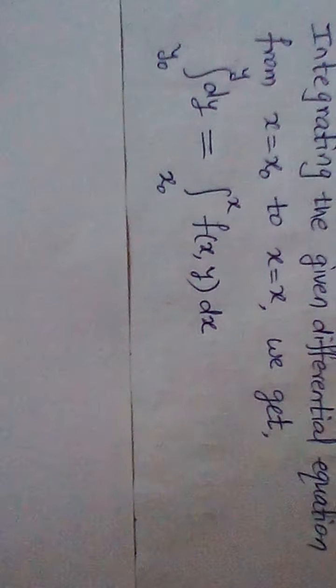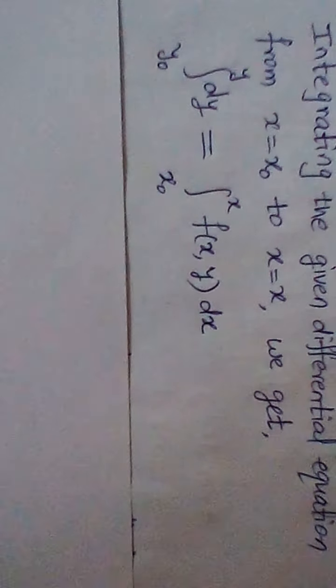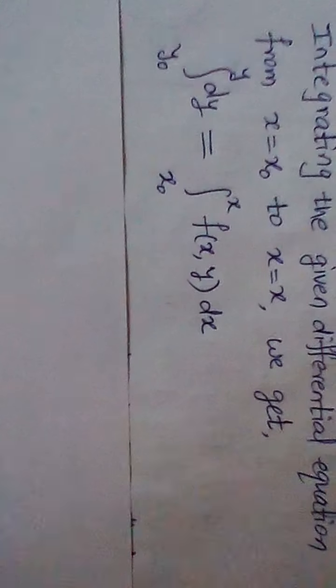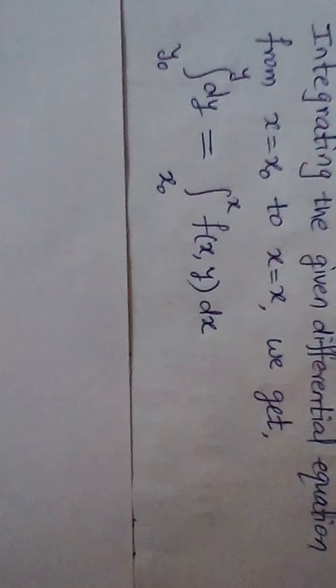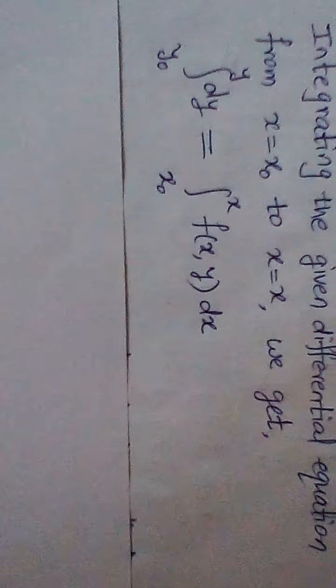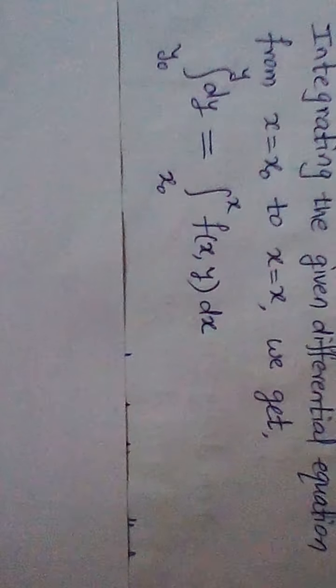What we are observing on the left hand side, it is dy, integration dy is y within the limits y naught to y. Right hand side contains integration with respect to x, but the integrand f of x comma y is a function of two variables x and y.